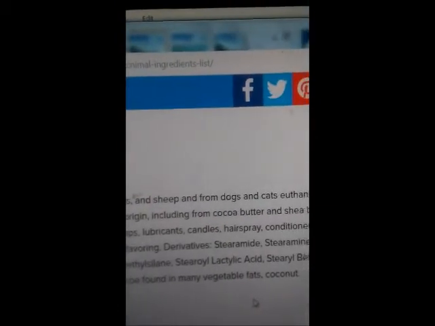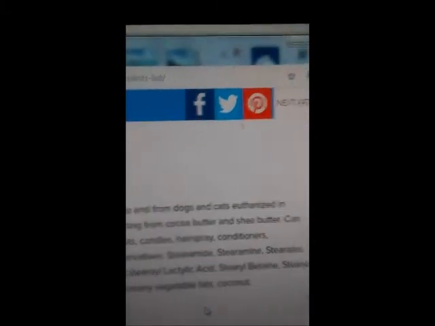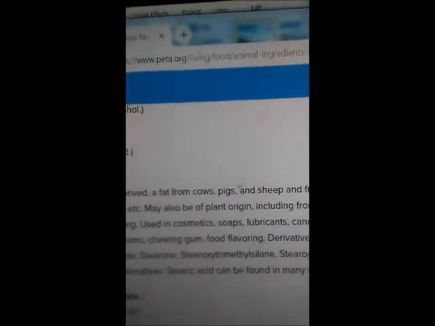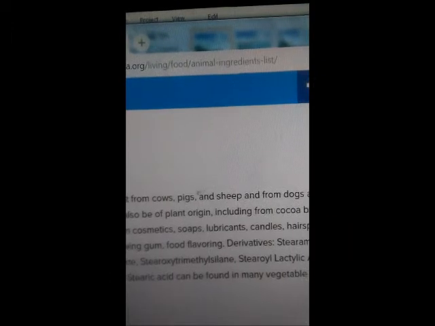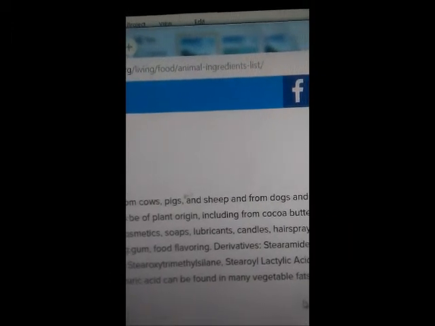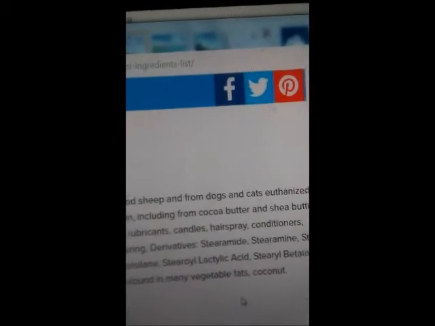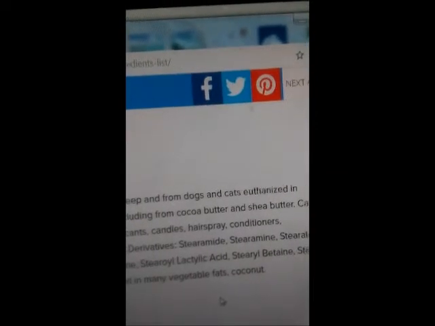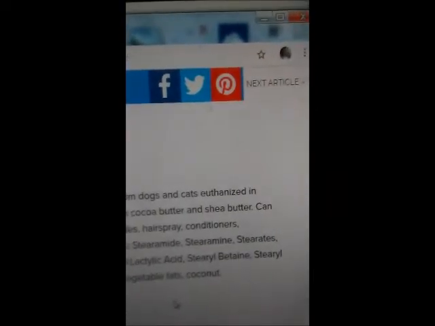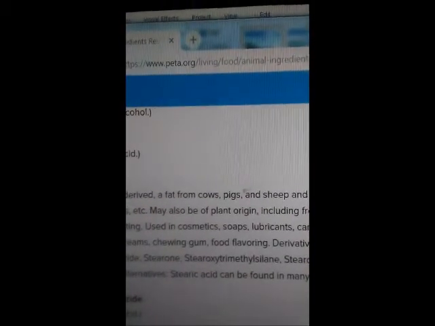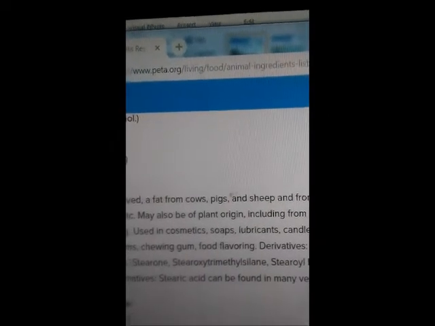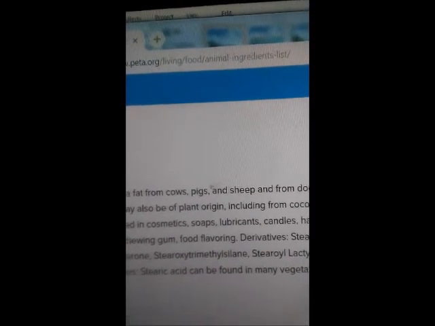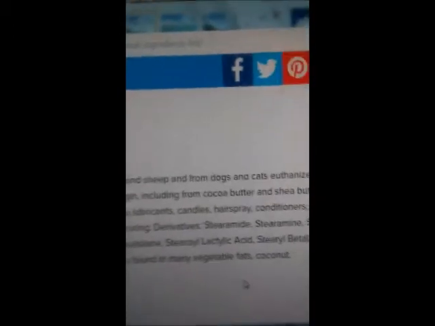Derivatives would be stearamine, stearates, stearic hydrazide, stearone, stearoxytrimethylsilane, stearoyl lactylic acid, stearyl betaine, stearyl imidazoline. Alternatives would be stearic acid, can be found in many vegetable fats and coconut.